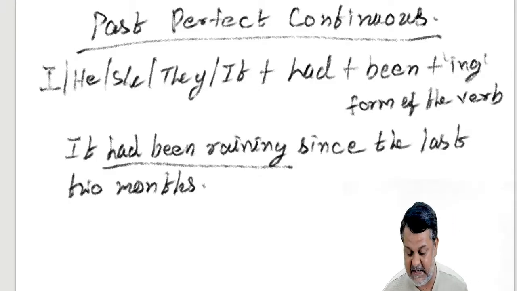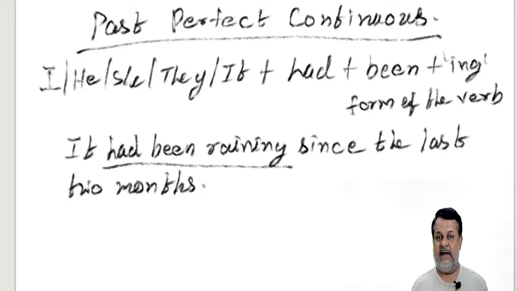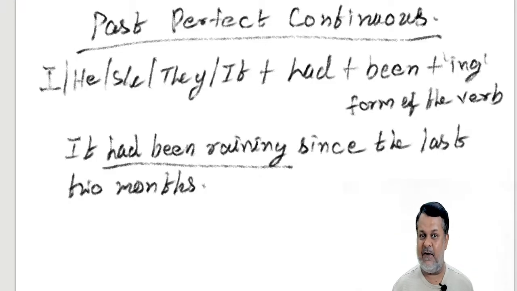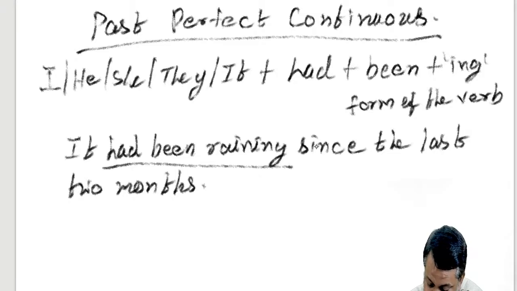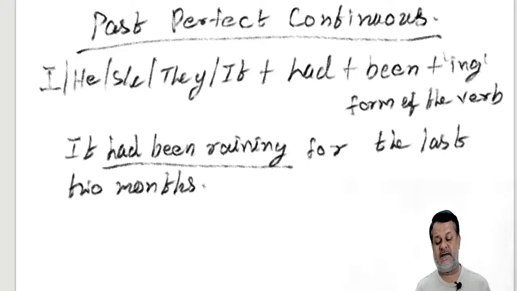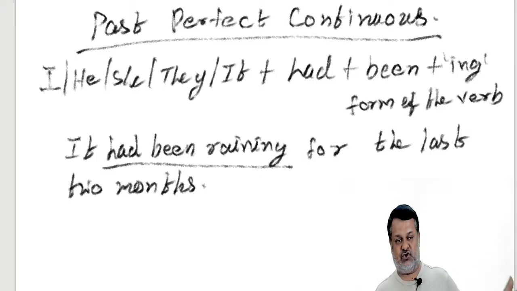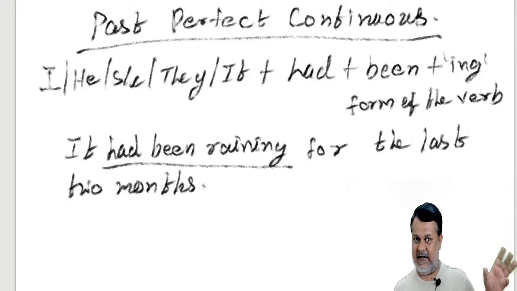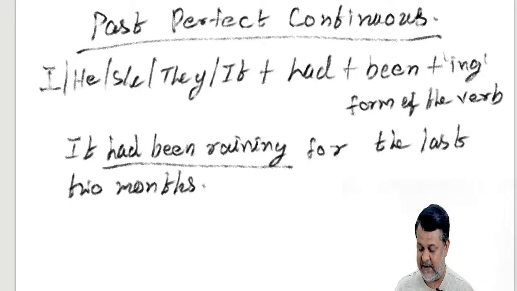But if you are saying it has been raining, then the rain is still continuing, it is still raining. But if you say it had been raining since the last 2 months, sorry, here we will use not since, we will use for. So it had been raining for the last 2 months or the past 2 months. It means for the 2 months before it had been raining. So now it is not raining anymore.